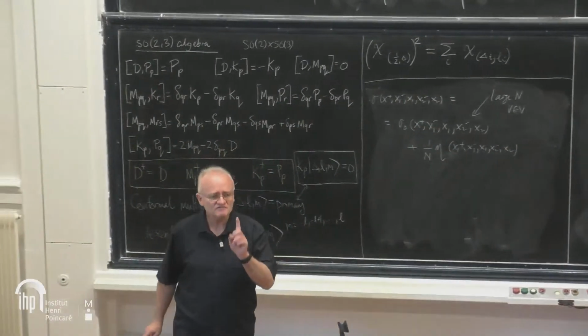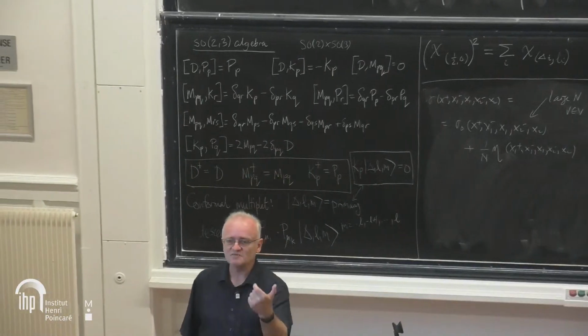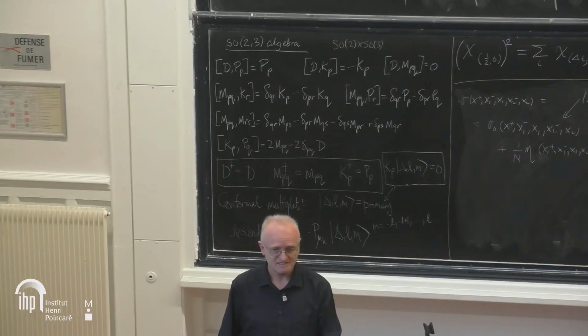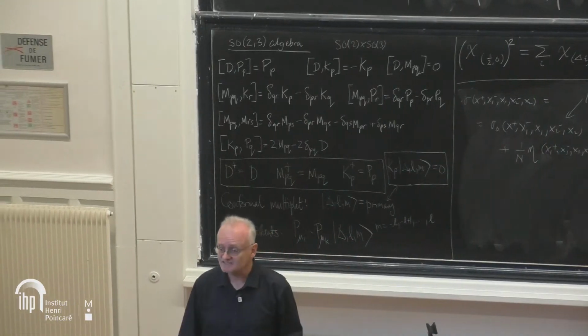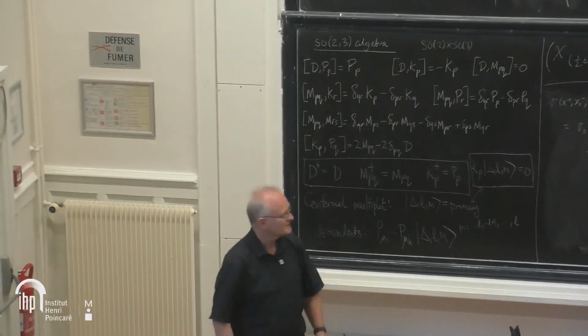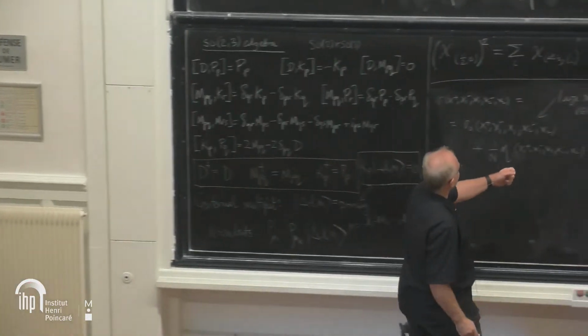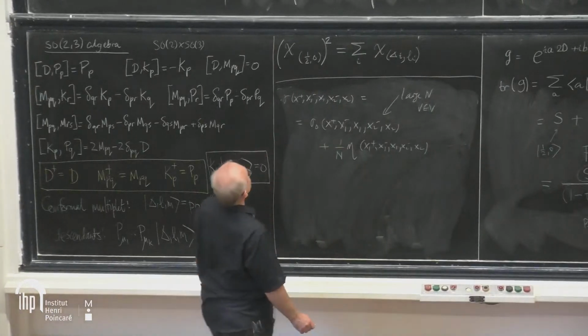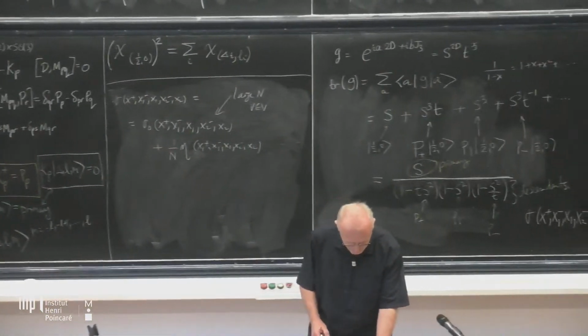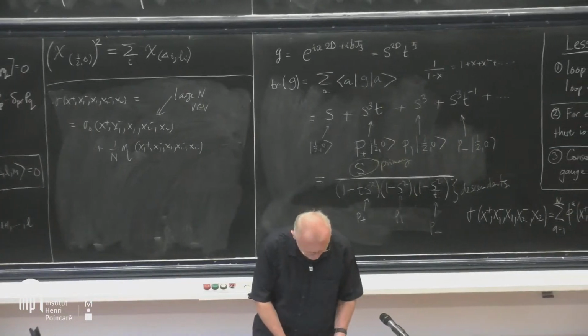Now remember, 1 over N is like h bar. So when N is infinity, our field might have a classical piece. That's going to generate the AdS spacetime. But there's a fluctuation, and that's where the quantum fields come from. So this eta gets identified with the higher spin field. And the identification with the higher spin field is the following.